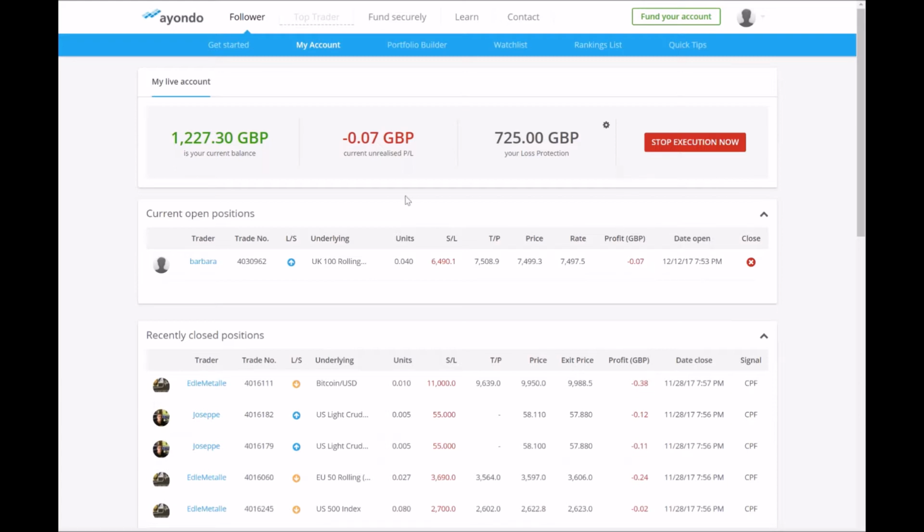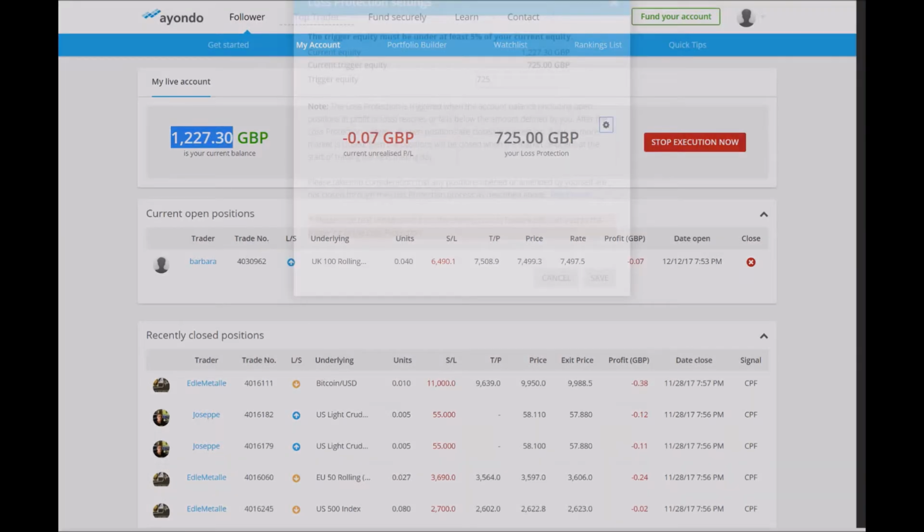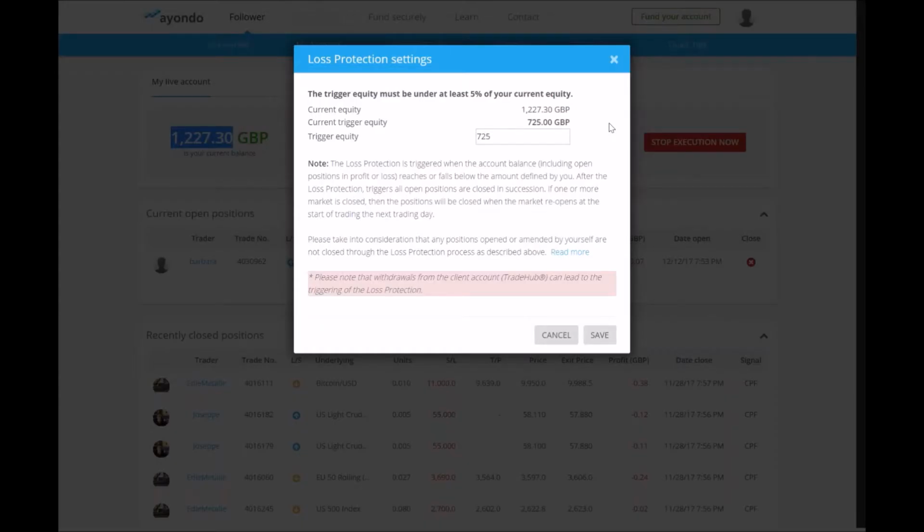But what I can also do, so I've got £1,227 in my account. I think the Ayondo minimum is £2,000, but you can set a level of risk on your account. So let me just click on this, loss protection. So what this means is, in effect, putting a financial stop loss on my account. So I can say, okay, so I'm running all these trades, and they've all put stop losses on, these people I'm following.